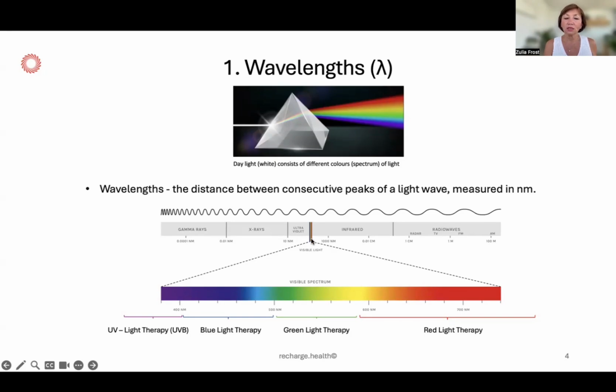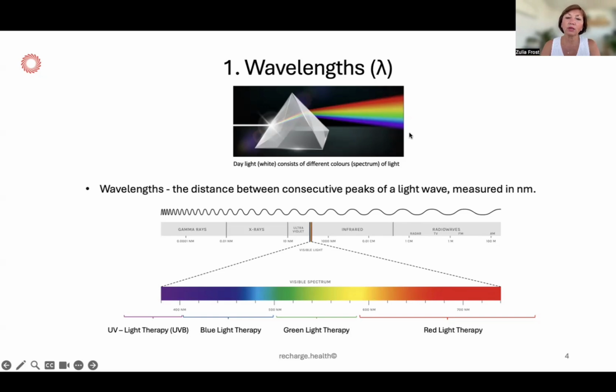And you could see you have the ultraviolet spectrum, and then you have violet, then blue, then green, then yellow, and then reds, and then it goes to infrared, okay? So these are the wavelengths we're playing with in photonics.